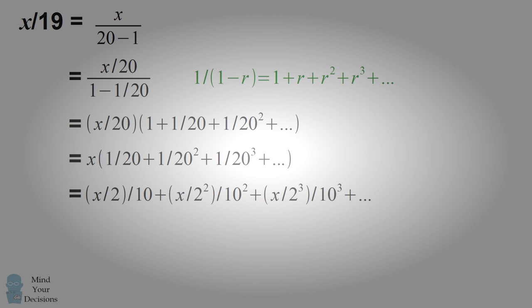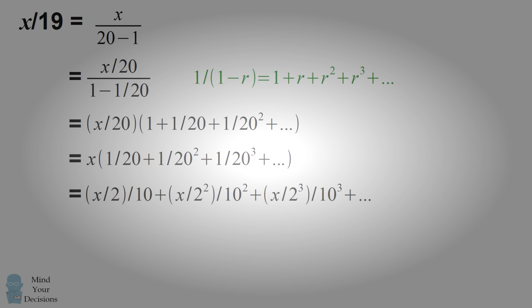So here we have the expansion that we want. If you look at each term in the geometric series, we're dividing by 2 and then dividing by 10. So the first term, x over 2 divided by 10, gives us the first value of our decimal expansion. To get the next value, we then take x over 2 divided by 2 again, which gives us x over 2 squared, and then we need to divide that by 10.